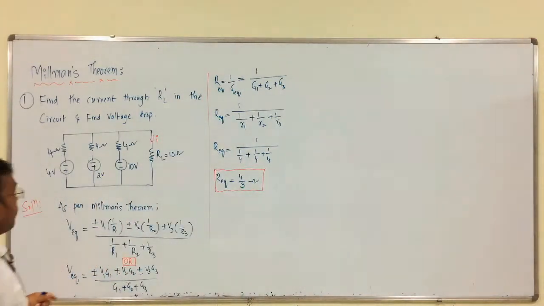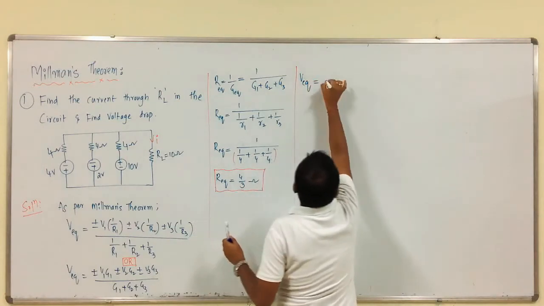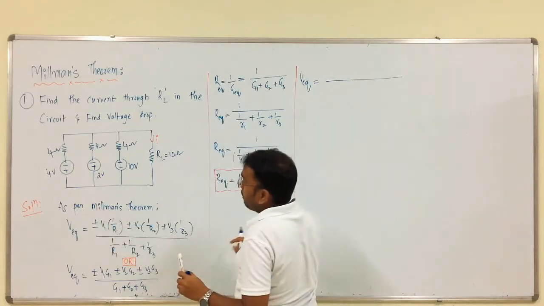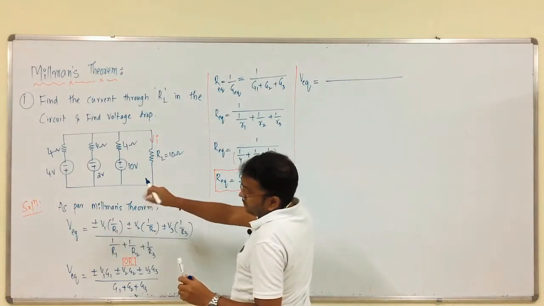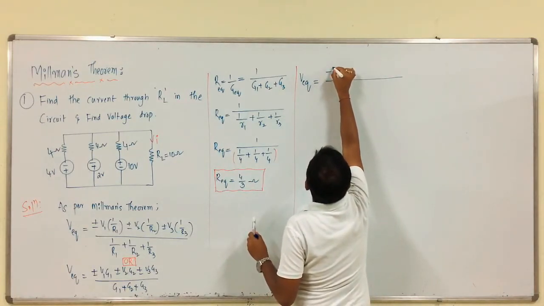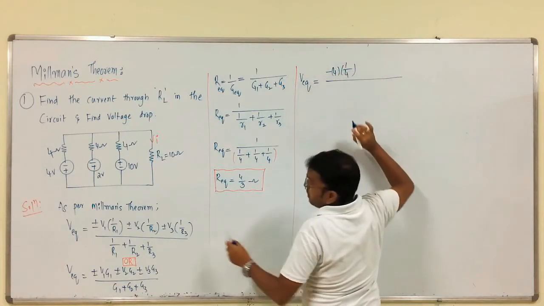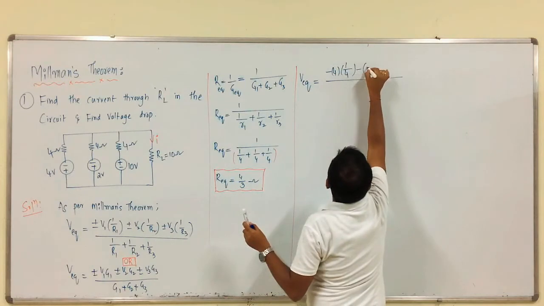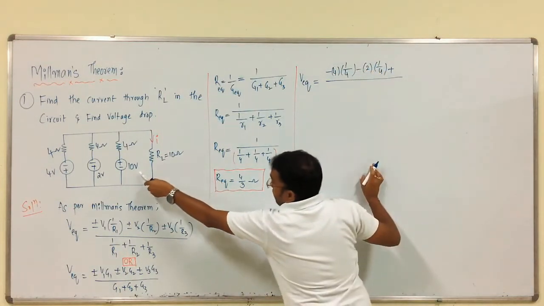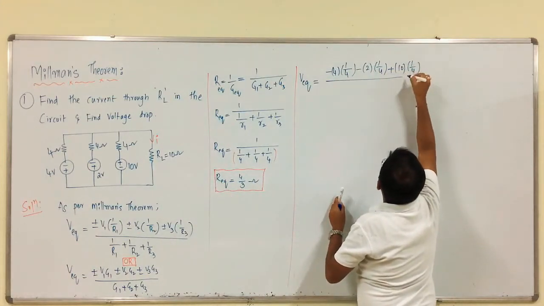Therefore, V equivalent. See, here we have V1 into 1 by R1. V1 is minus 4 into 1 by R1. What is R1? 4. Then V2 is minus 2 into 1 by 4, plus 10 into what is 1 by R3? 1 by 4.